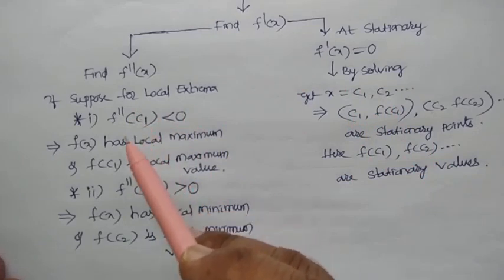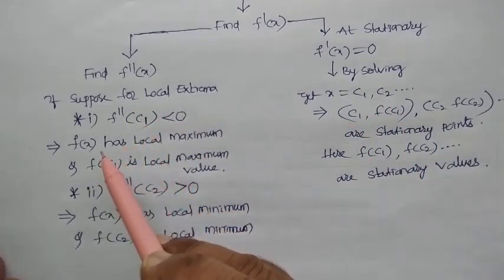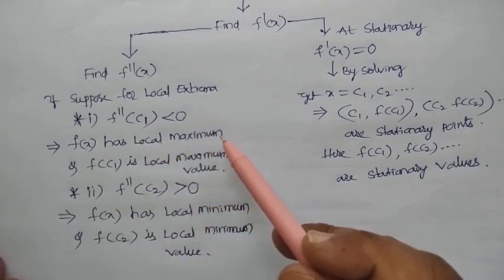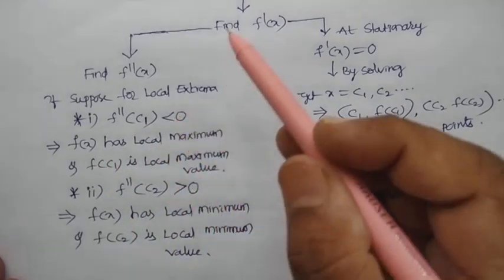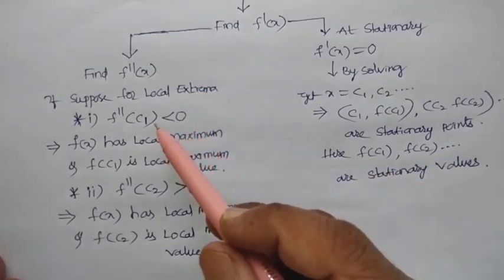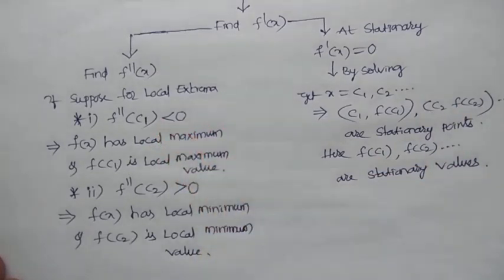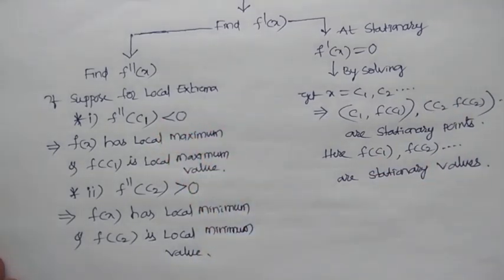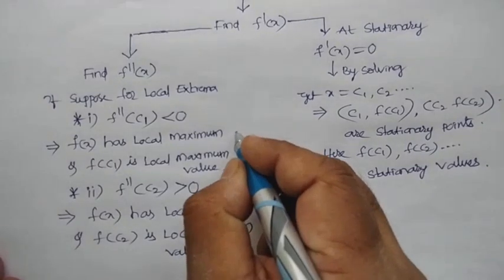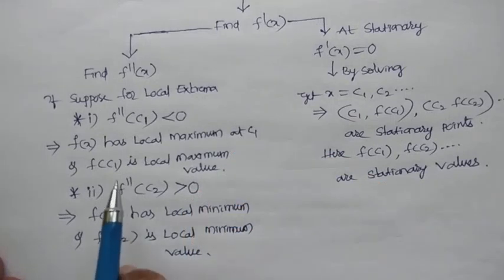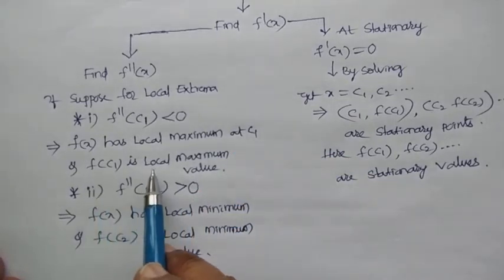Then what conclusion do we make? f of x has a local maximum at c1, and f of c1 is called the local maximum value.